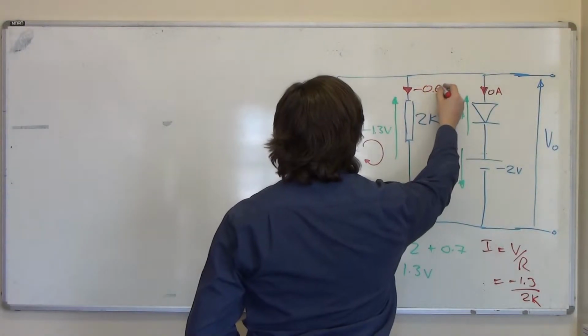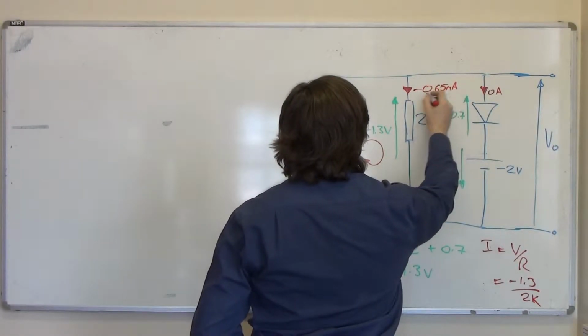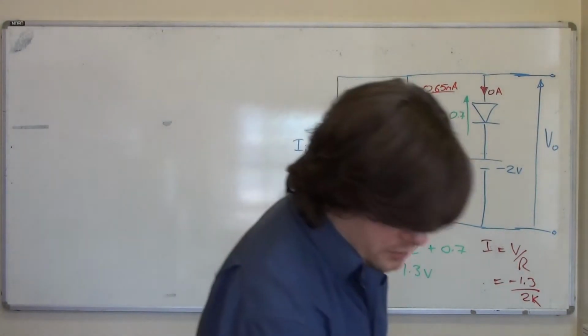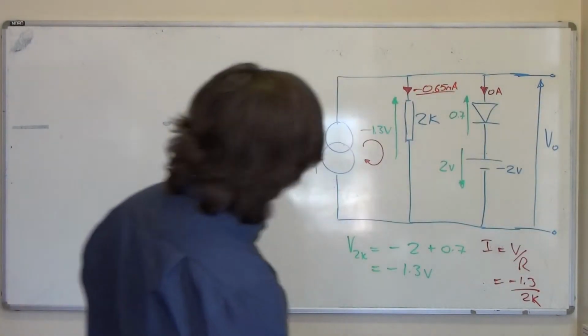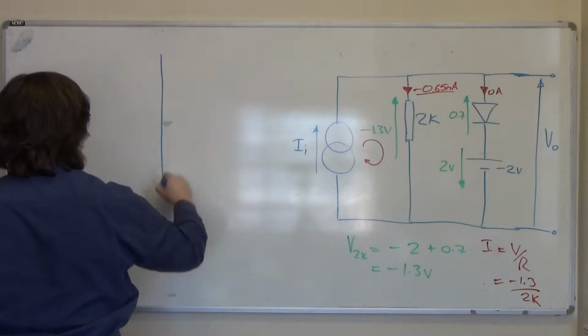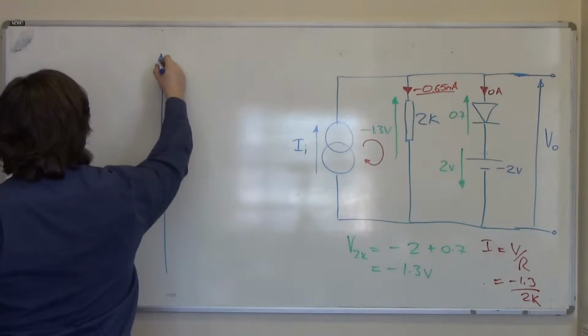Minus 0.65 milliamps. Alrighty, so that's the point where something cool is going to happen. And what the question's asking us for is a graph of a certain range of I in.